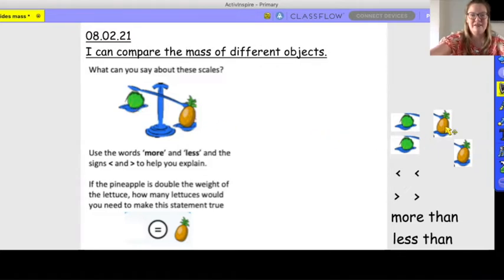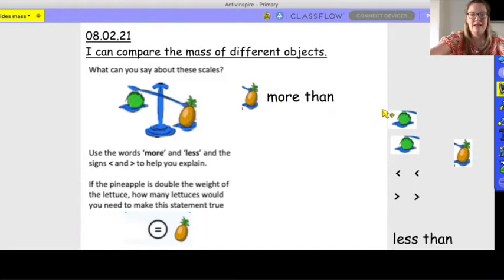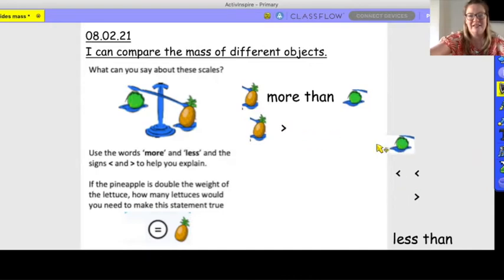We can use these signs to show our workings. The pineapple weighs more than the lettuce. Or we could say the pineapple is greater than the lettuce. As you can see, I've used this sign, greater than or more than.